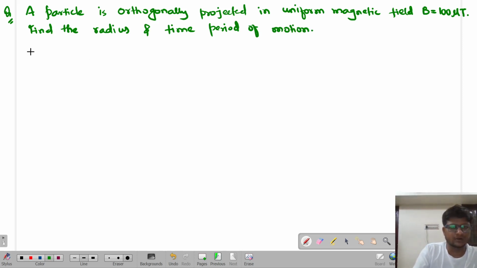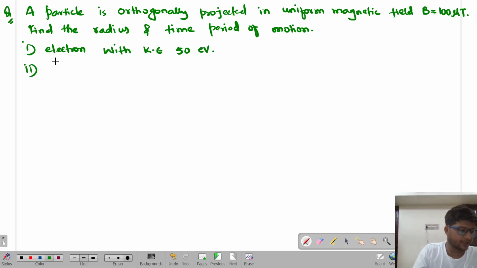Got it? First case, if it is an electron with kinetic energy 50 electron volts. Second, alpha particle accelerated by 100 volts.